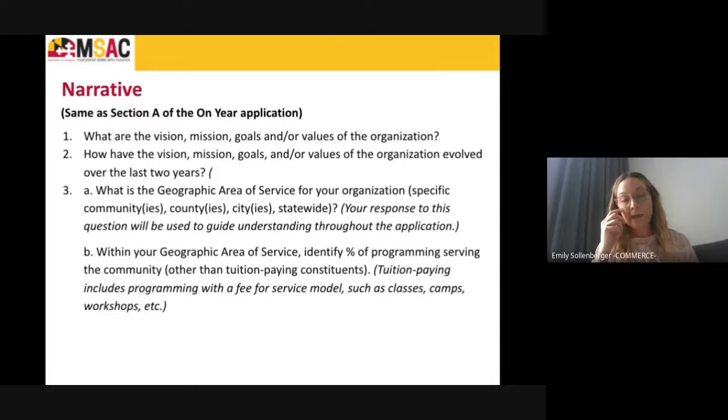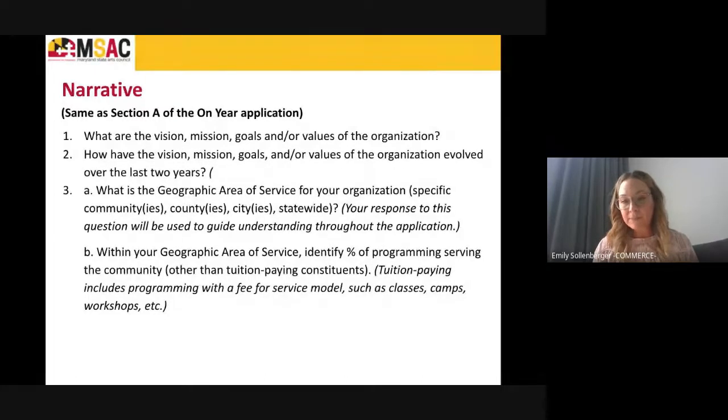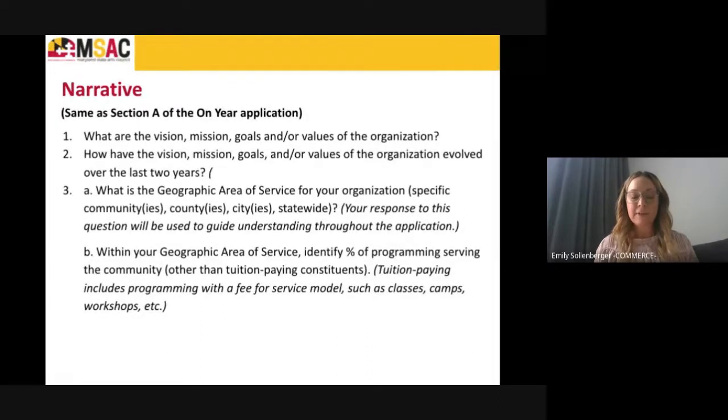So this would not include an event that might have a fee or a ticket price. This would be something where it would be closed to the public, for example, or for a very specific group of people that would not necessarily be open to the community and open to the public. So it's just another indicator that we're looking for this year at the State Arts Council.